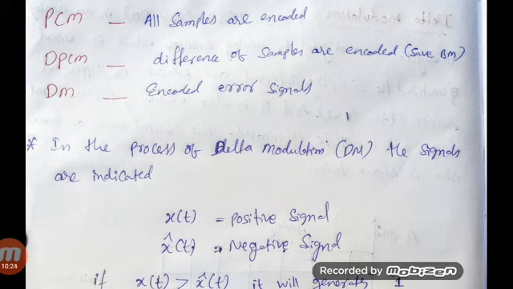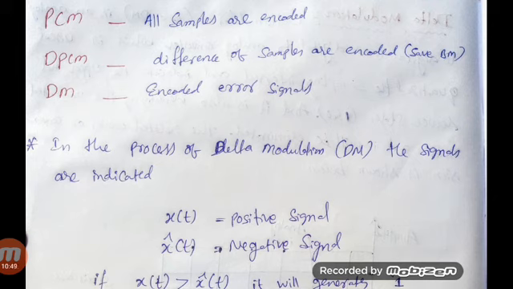The major advantage of delta modulation is that in PCM and DPCM it is sometimes difficult to find out where the errors occur, but in delta modulation the corners of the errors in the process of data conversion from analog to digital are clearly observed, and they can be ignored.